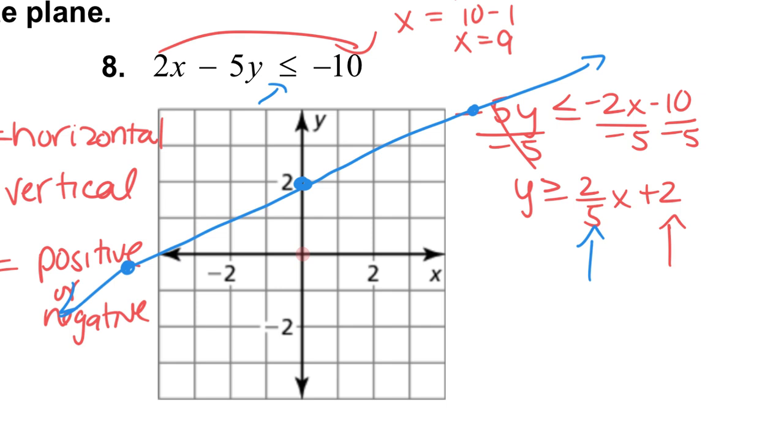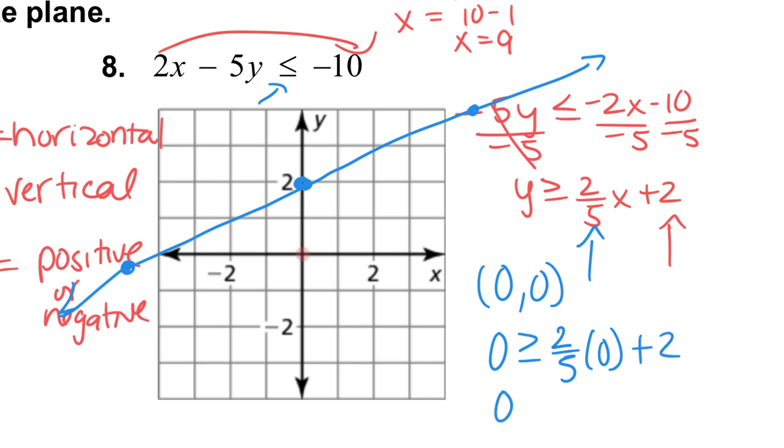So if I plug in 0, 0 into my inequality, I'm going to have 0 is greater than 2/5 times 0 plus 2, which gives me 0 is greater than 2. Is this correct? No. Therefore, you're going to shade the opposite area where you don't have your test point, which is specifically right above over here.